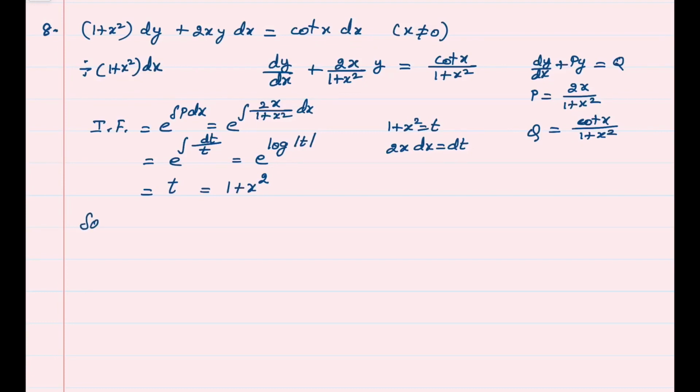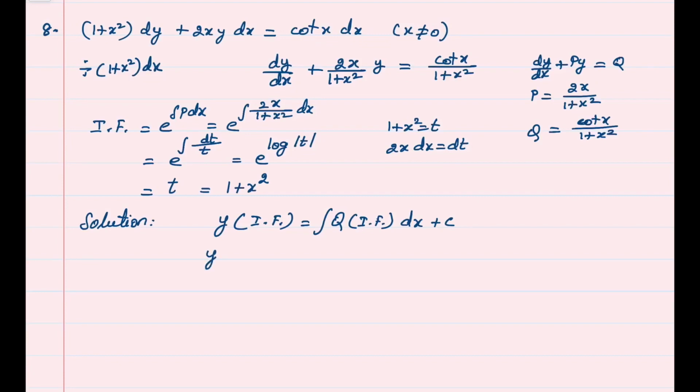Let us write the formula for the solution. Y times the integrating factor equal to integral q times the integrating factor dx plus c.